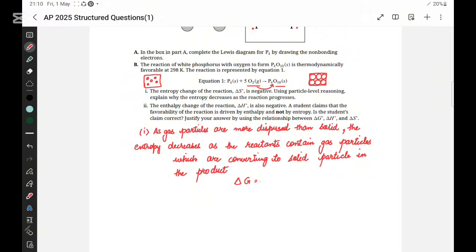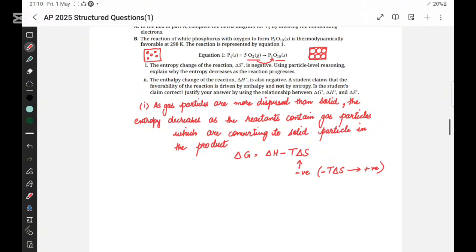Delta G is equal to delta H minus T delta S. As the entropy change is negative, minus T delta S becomes positive. For the reaction to be favorable, delta G needs to be negative, and this happens only when delta H is negative as well.